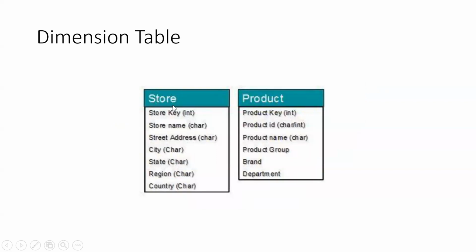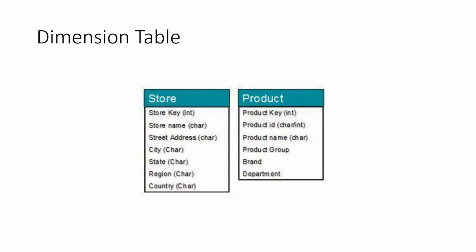Just like I mentioned, the store table. In a store table, it's storing all the store related information. I should be giving some store key. This is the primary key for the store table. And in the fact table, we can see the same key was present there, and it was working as a foreign key there. Similar kind of thing for product key. Product key is the primary key.